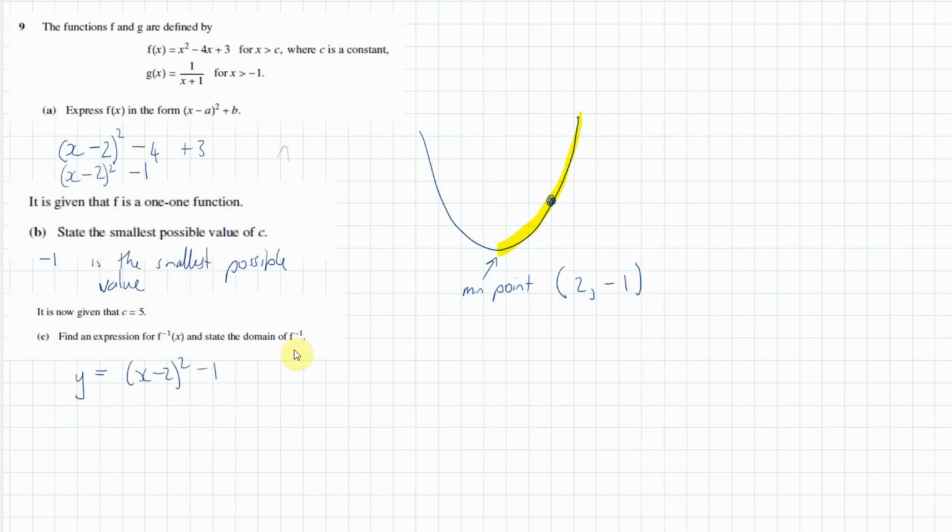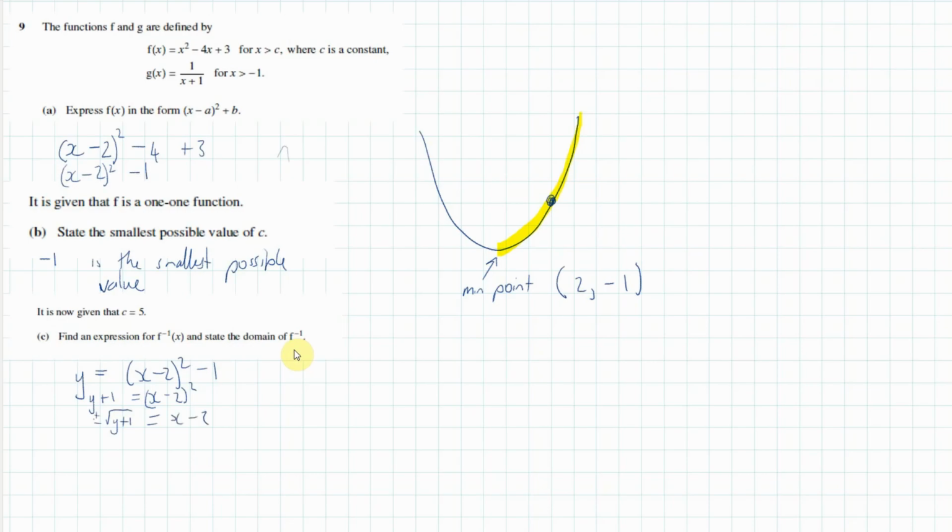Please note that you want to use this form here. Don't use that form there because that will make it more difficult. Use the completed square form and it's easier to rearrange. So my second line will therefore be y plus 1 is equal to (x minus 2) all squared. Then plus or minus the square root of y plus 1 is equal to x minus 2.